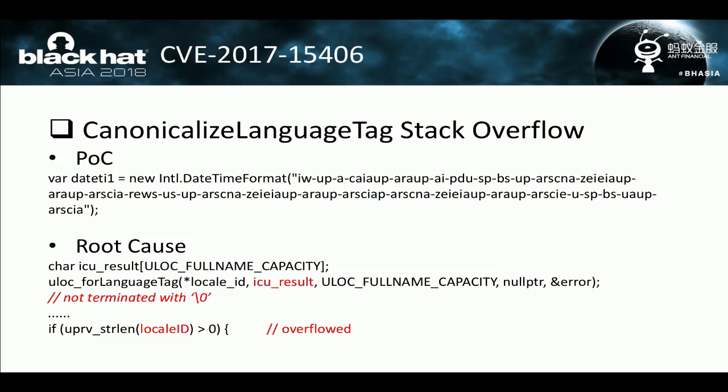But you can see the locale is very long, so the ICU result is very long. But this ICU result is not terminated with null. So the next string length can overflow.